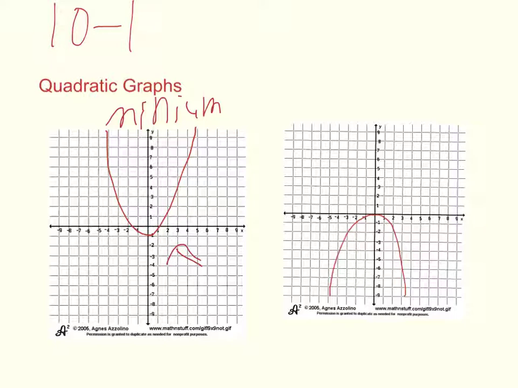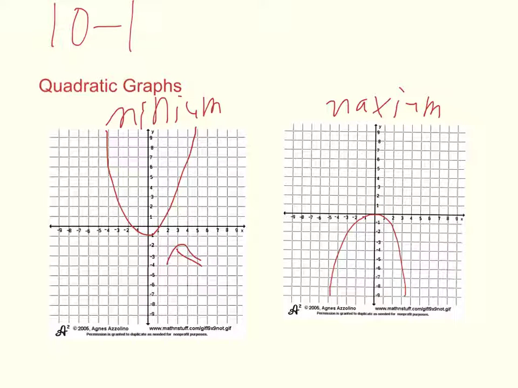And over here, it is maximum. That's because at the very point of the parabola, if it's going down, that's the lowest point it'll ever be, right here. And it'll be the highest point it'll ever be over here.